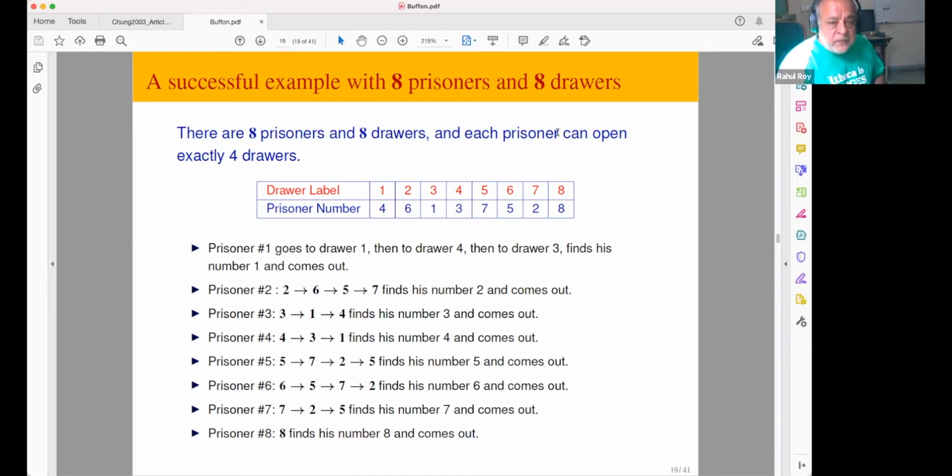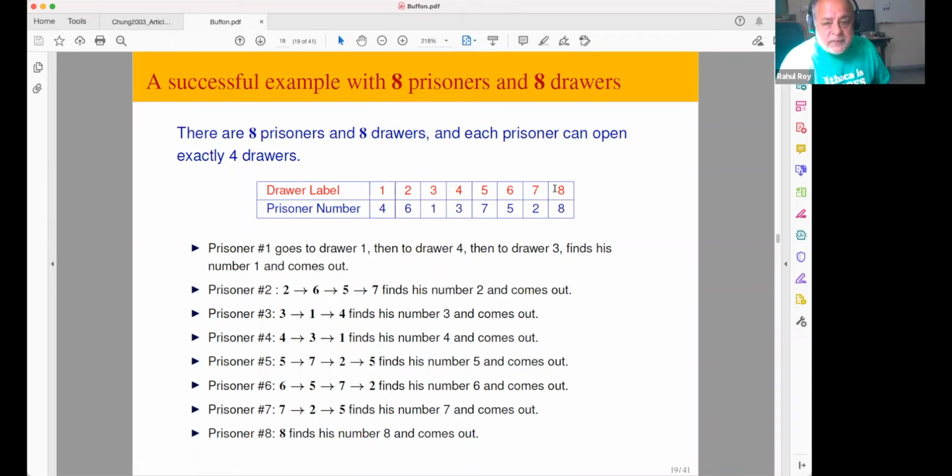In this case, if you were to do it completely randomly without any strategy, because it's a half probability of success for one prisoner, it will be 1 over 2 to the power 8. And that's also a very small number. Suppose the random numbers put in the drawers are like this.